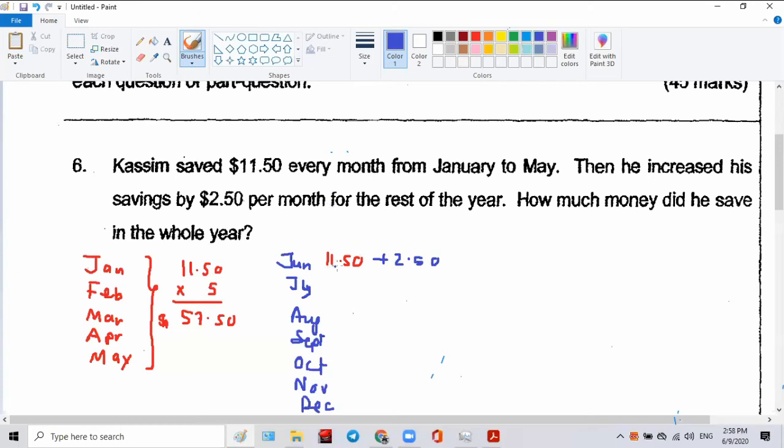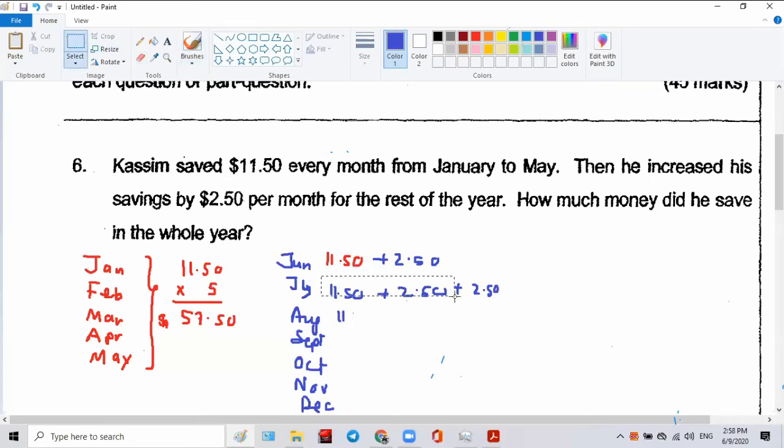So he increased 250, and now this one is the same, 1150. He is going to increase by 250 and 250 again. So August, it will be this whole thing.